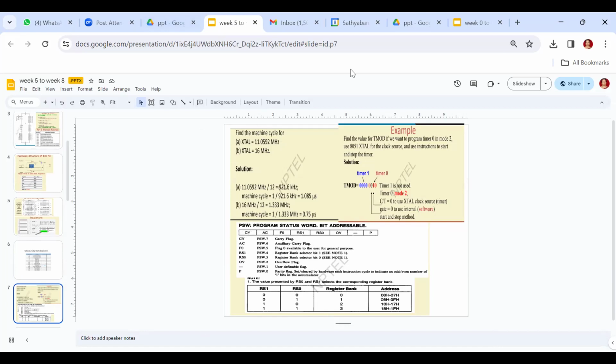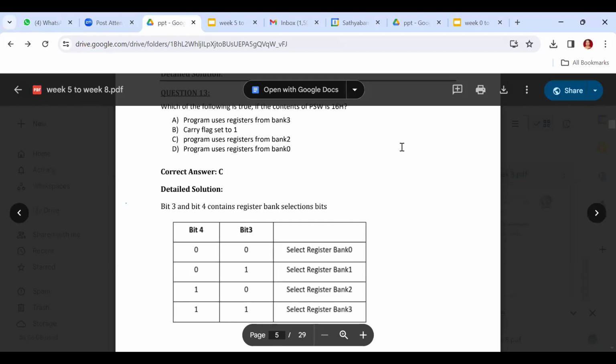I will share the whiteboard. 16 now, will you write 16? We all know 0, 0, 0, 1. 6 now, will you write 0, 1, 1, 0.